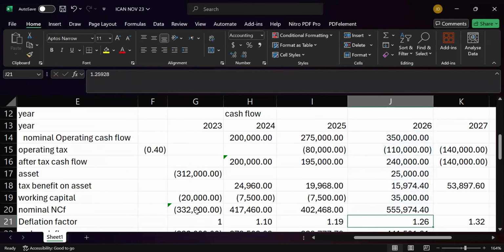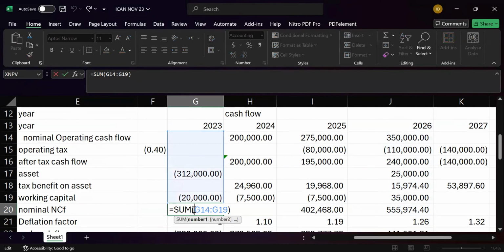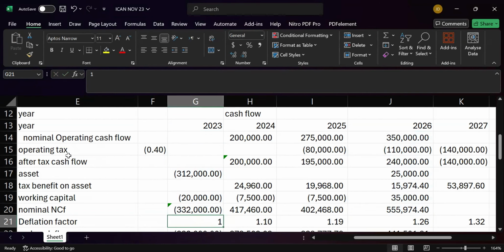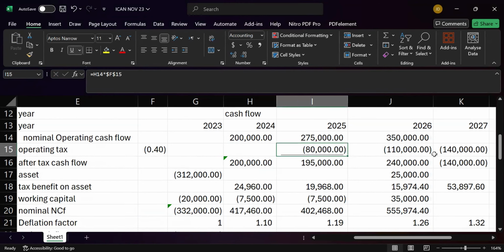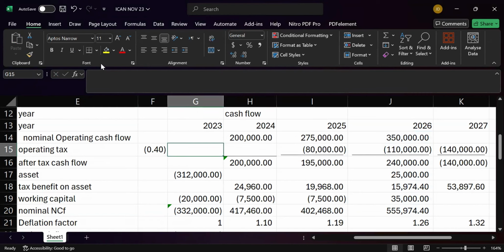Okay, if you are solving in your exam, at times you may need to be careful. So already here, I've arrived at my operating cash flows. I've deducted tax. So let me underline this so that you won't mistakenly add it. You just underline, draw a line there, to show that that aspect of your computation is closed.